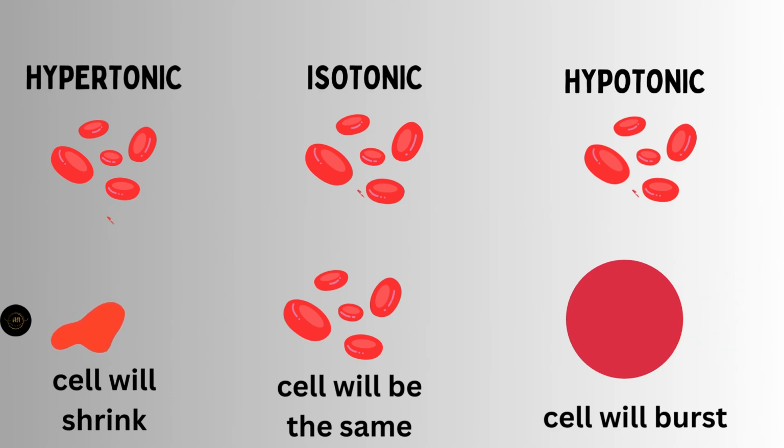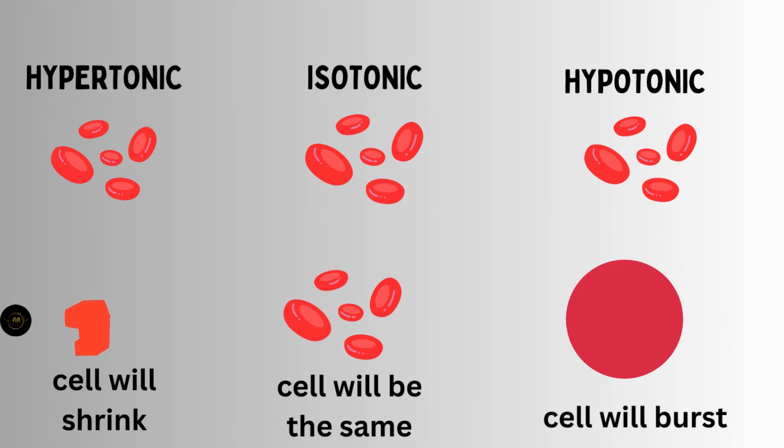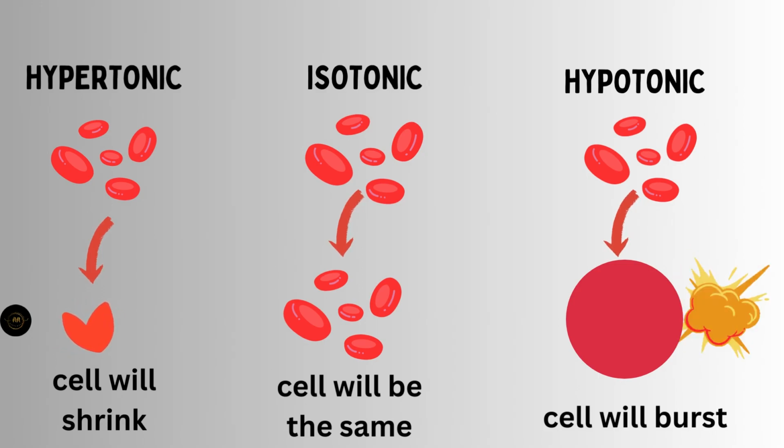So because the concentration of water is higher inside of the red blood cells than outside the cell, something will happen: these red blood cells will start losing water, which means that water will start moving because of osmosis from higher to lower concentration, because inside of the cell is high concentration of water and outside of the cell is low, so the water will go from inside to out.